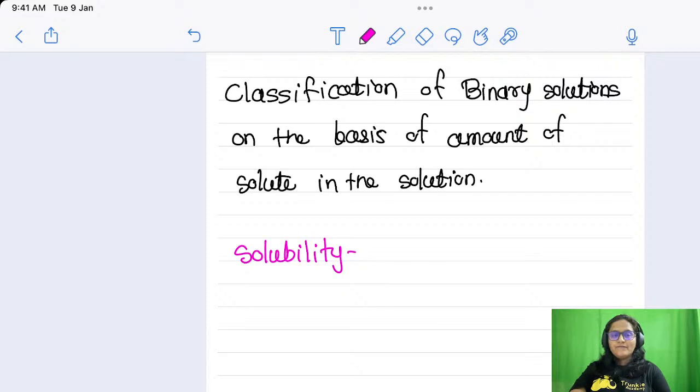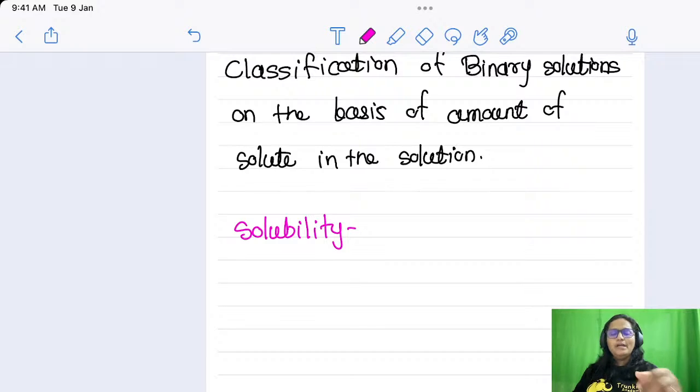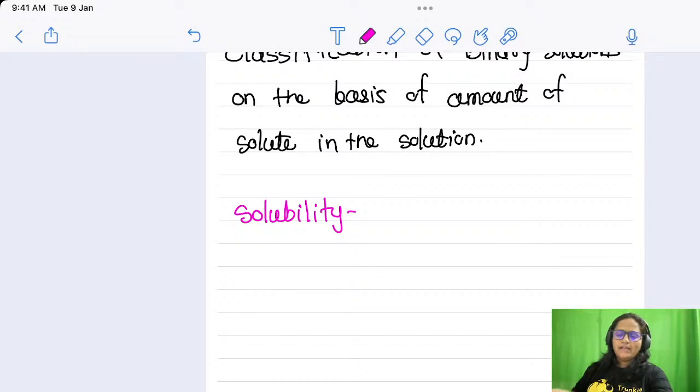All of these three will solubilize these components differently, right? If I am comparing their solubilities, the solubility of sugar in water will be maximum as compared to the others, right? Okay, so this is nothing but the solubility. Solubility is the property of getting dissolved in the solvent, right? So that is nothing but the solubility.